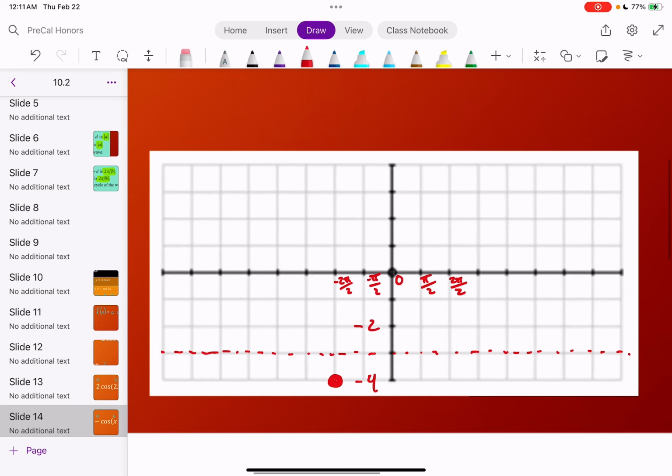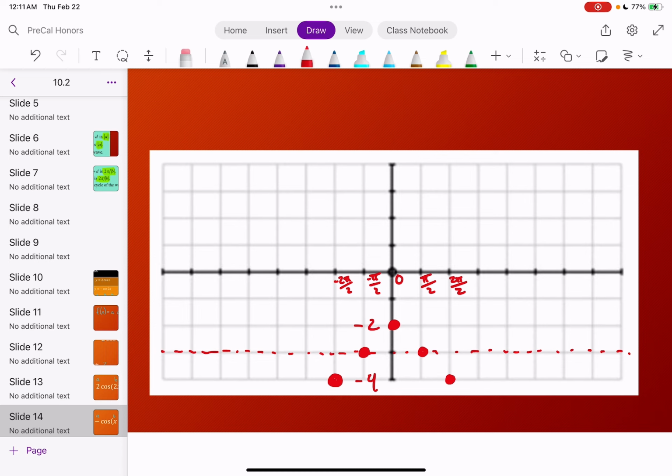At -pi over 2, it would hit the midline. It would hit the maximum at 0 and -2. At pi over 2, it would hit the midline once again. And at 2 pi over 2, it would hit the minimum once again.